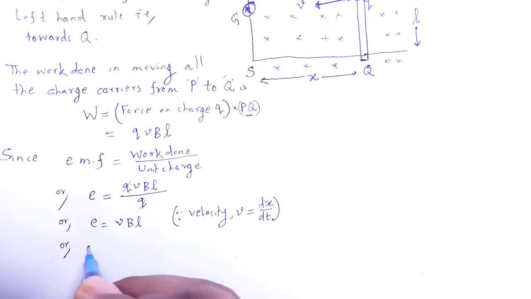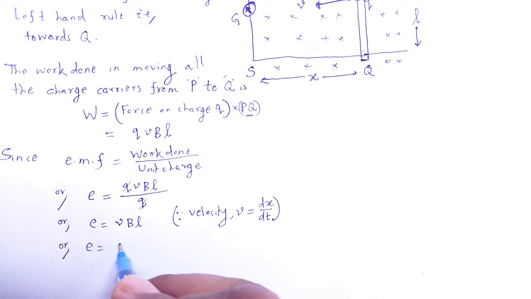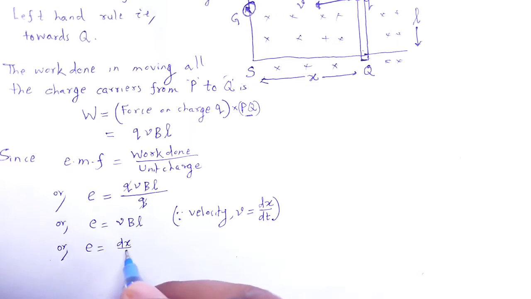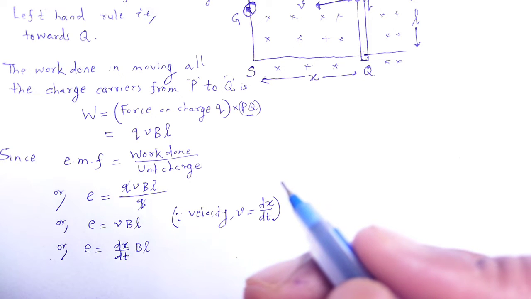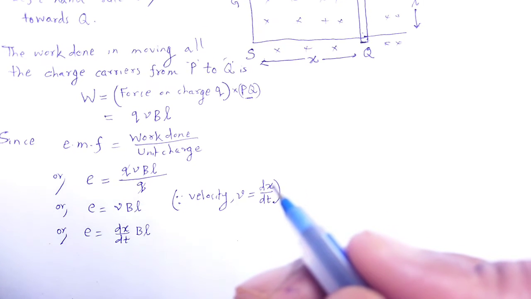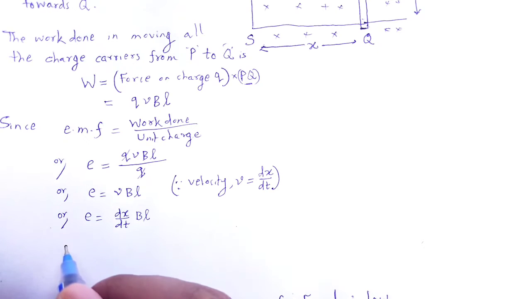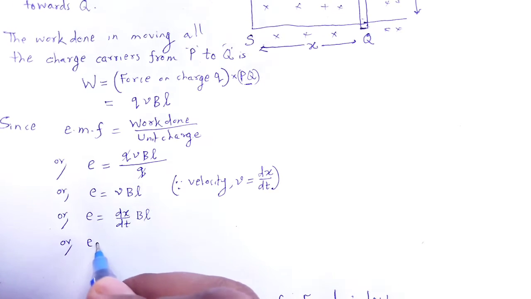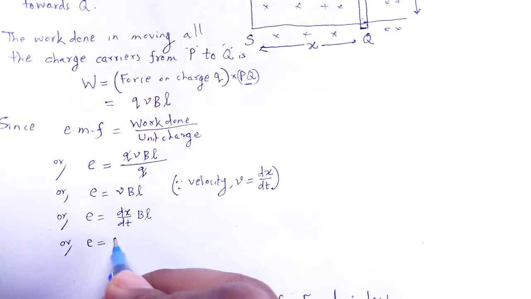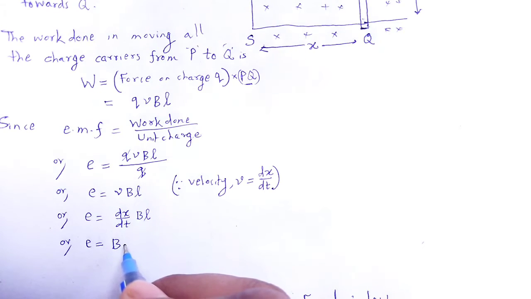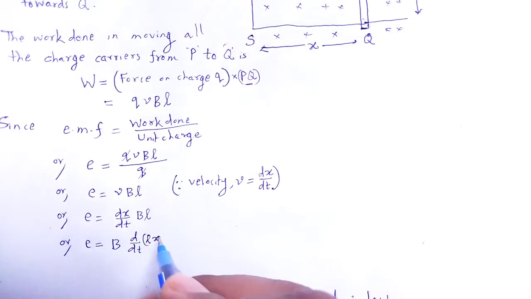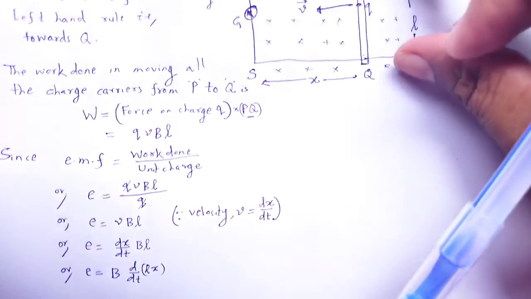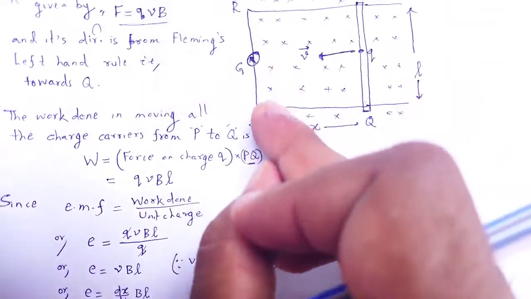Let dx by dt be multiplied by L, so E is equal to B, look here, d by dt of L x, length into distance, that is the area.